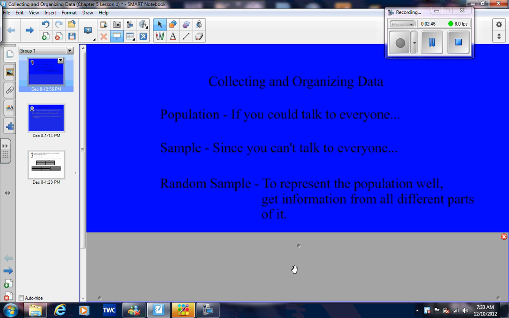When you take a random sample, you're going to want students from first grade, second grade, third grade, fourth grade, and fifth grade. You don't want just information about fifth graders or fourth graders. You want to make sure that you get a good random sample that pulls from many different areas of the population so that the data you get represents that whole population well.